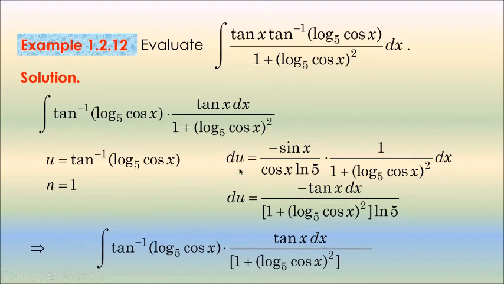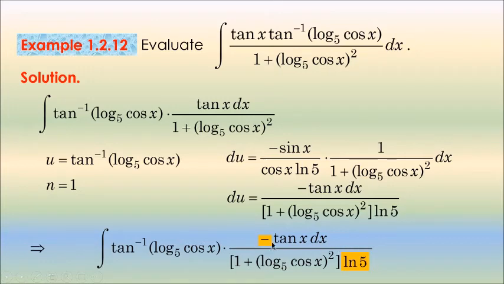Now let's check the differential of u. In the differential of u we need negative in the numerator and ln 5 in the denominator. So let's supply that. So we get negative tangent of x dx all over 1 plus log to the base 5 cosine x quantity squared multiplied to ln 5.